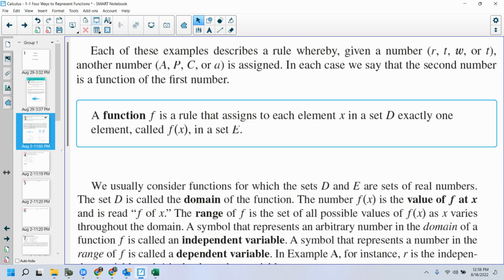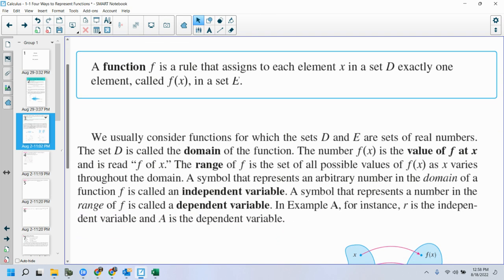We talked about domain and range. Remember, domain is the x values, range is the y values. That's something that we've been learning since Algebra 1, right? Domain is x values, range is y values. Domain is input, range is output. Remember, this notation means the value of the function f at the input x, value of f at x or f of x.